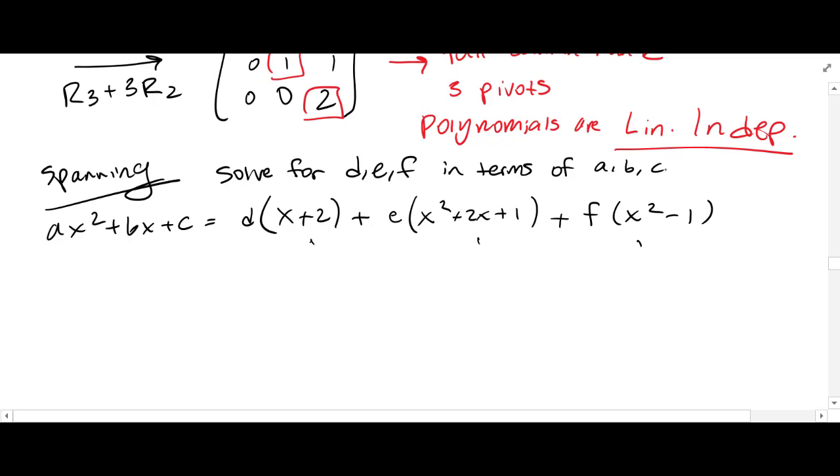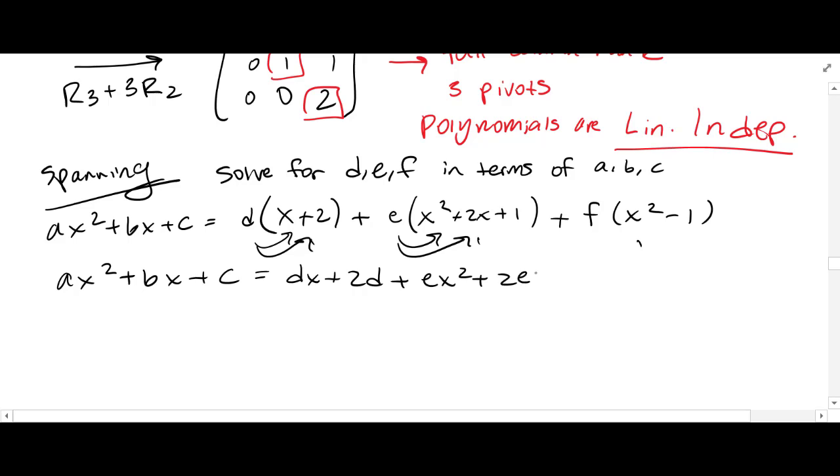Again, we can distribute these in here and group together the quadratic terms and the linear terms, and compare the coefficients of the polynomials we get on both sides to get just a system of linear equations. It'll be reduced to another matrix equation. So if we did that, we would get that and that and that.